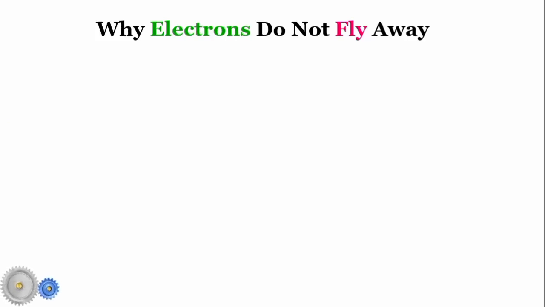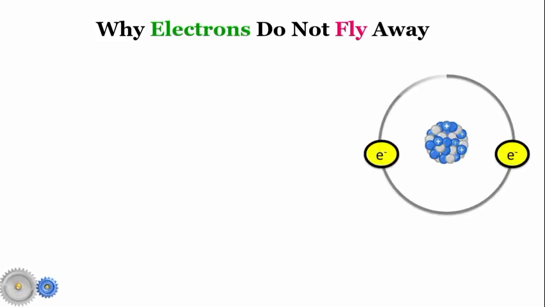We also need to know the reason why electrons don't fly away. Why don't they fly away? So number one reason, there is a force of attraction between the positive charges at the center and the negative charge in the shell.